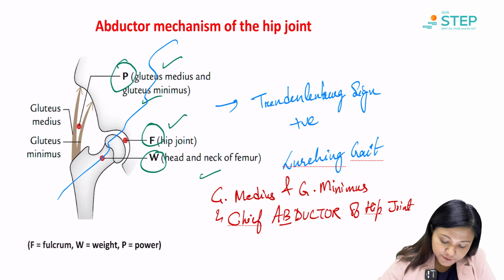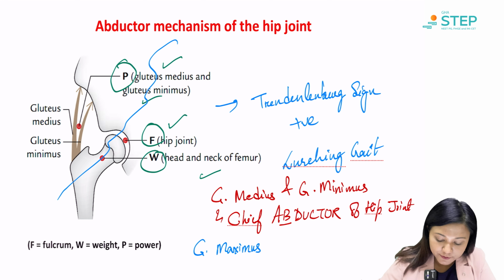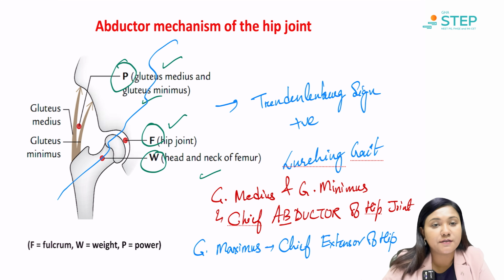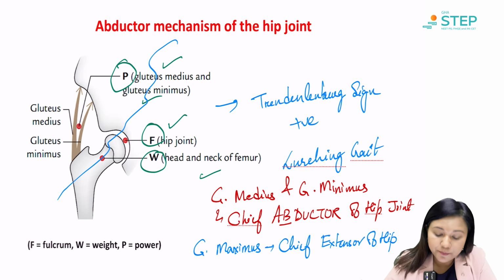And what about gluteus maximus? Gluteus maximus is the chief extensor of the hip joint. So medius and minimus are the chief abductors of the hip joint, and maximus is the chief extensor of the hip joint.